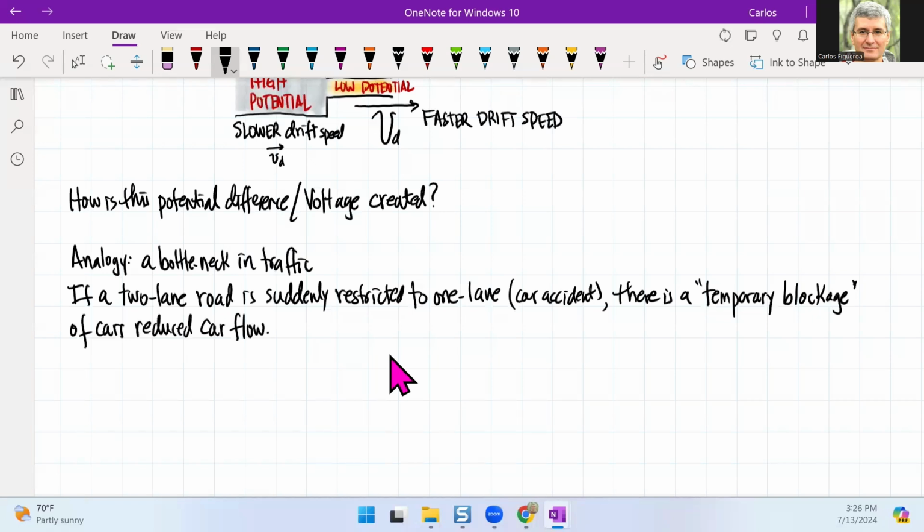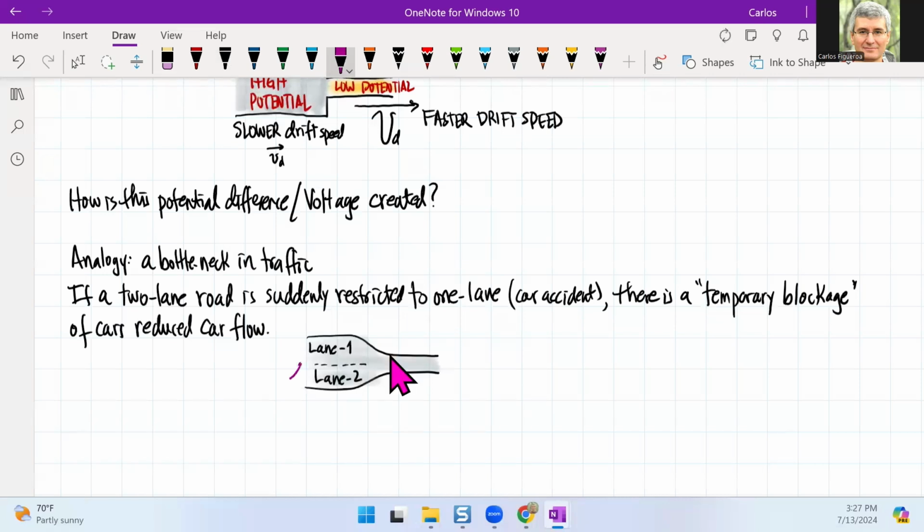So picture-wise, again, we imagine that we're going into 1 lane, right? So here's our road. And I'm thinking this is lane 1, lane 2, and it's now a restriction. This analogy is important because of what has to happen.